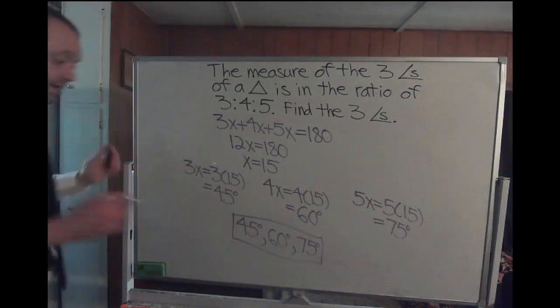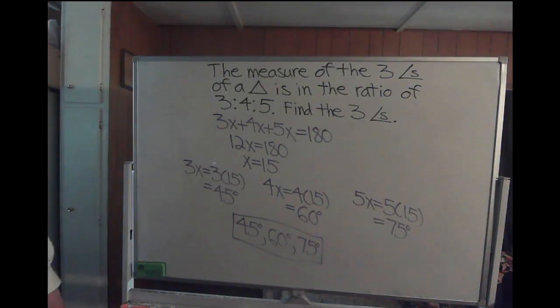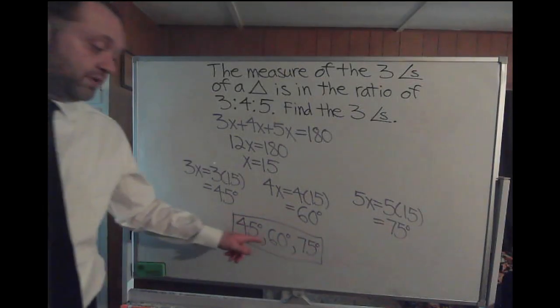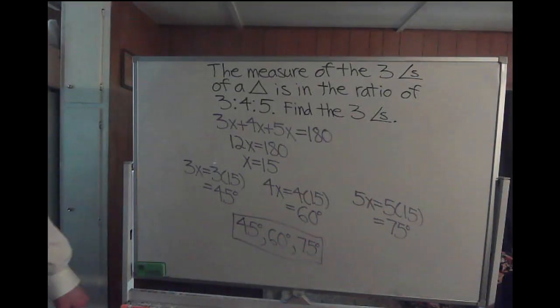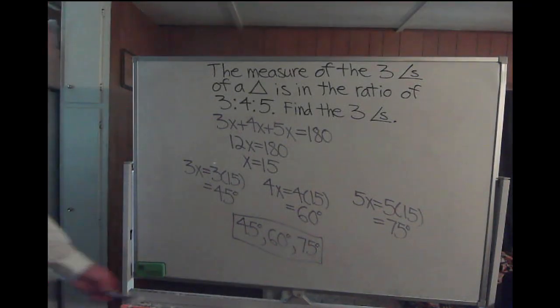And if you add these together, I promise you, you'll come up with 180 degrees. Then you divide each of these by a common 15, you'll get the ratio of 3 to 4 to 5. So the three angles are 45 degrees, 60 degrees, and 75 degrees.